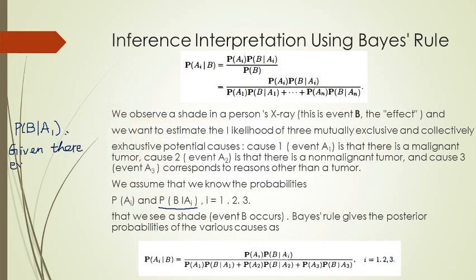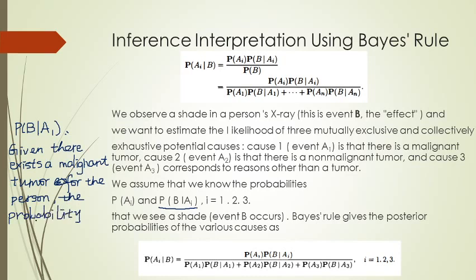Given there exists a malignant tumor for the patient, for the person, the probability of the event, the probability of the shade shown in the X-ray.